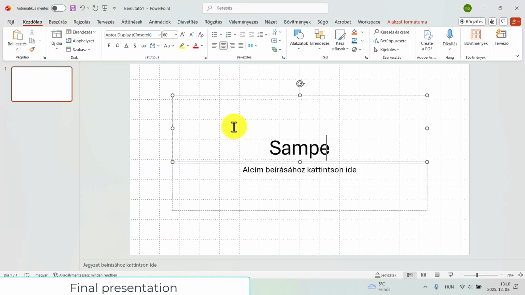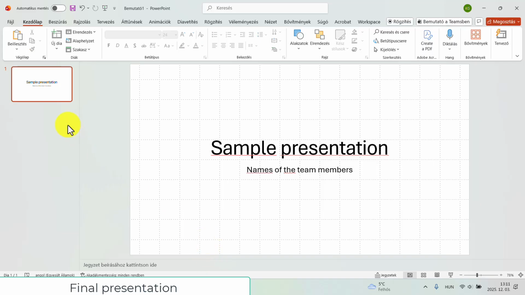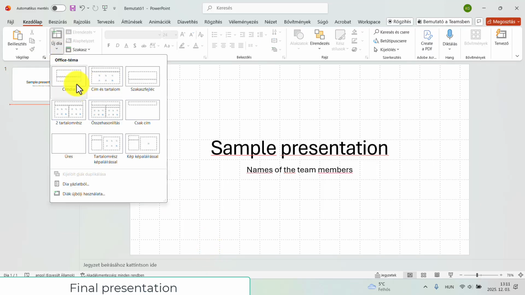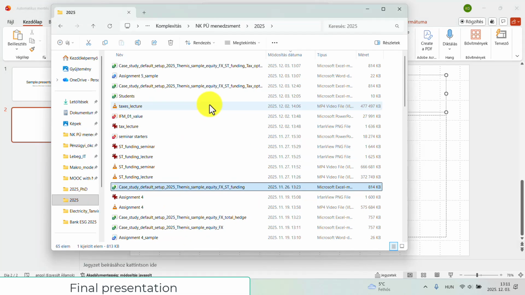So obviously, these are the names. Practically we have to go through the different assignments.